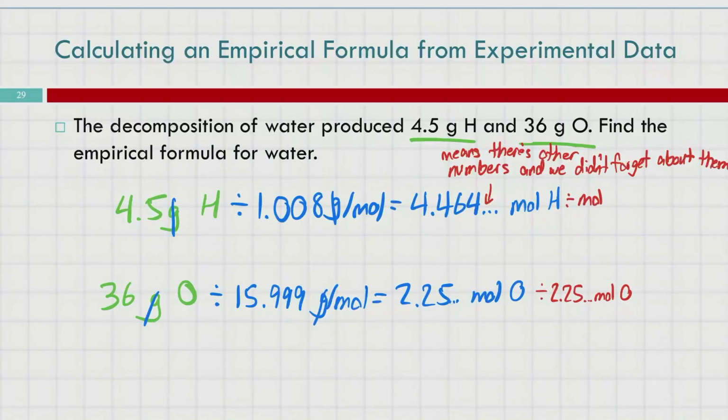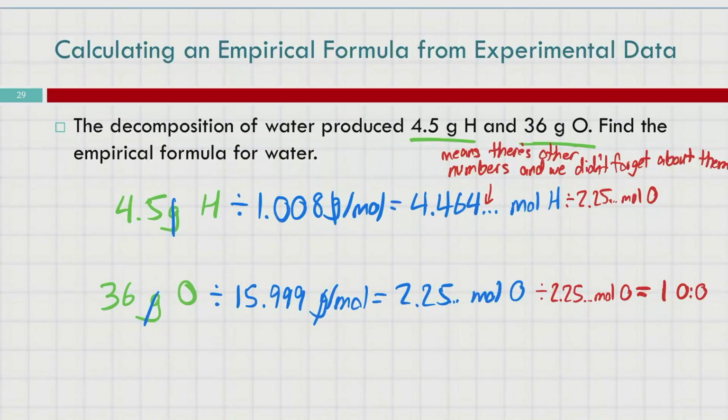And this will give us our ratio. On the top, this is our ratio of hydrogens to oxygens. On the bottom, this is our ratio of oxygens to oxygens. We learned something profound here. The thing that we learned that's profound, we get to do this bottom one for free, is that for every one oxygen, we have one oxygen.